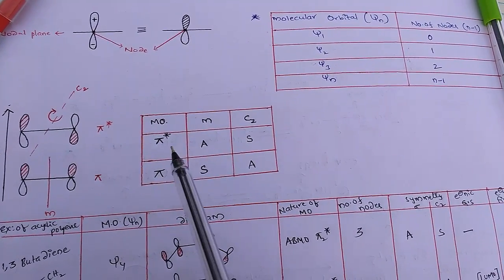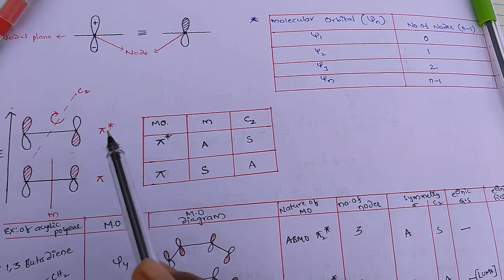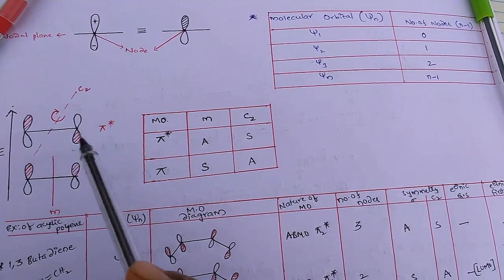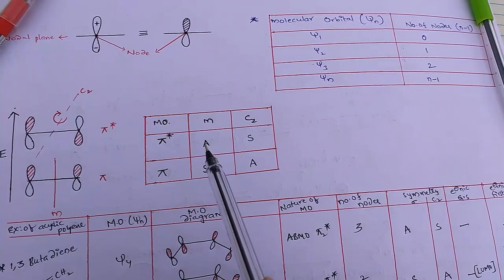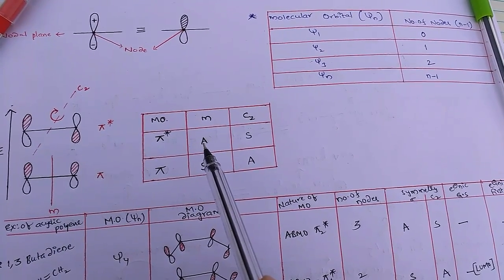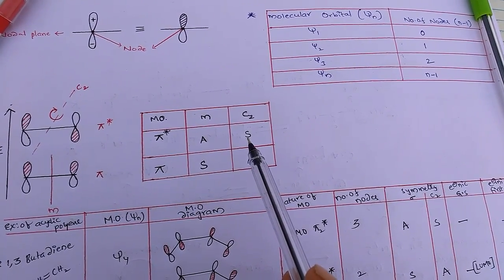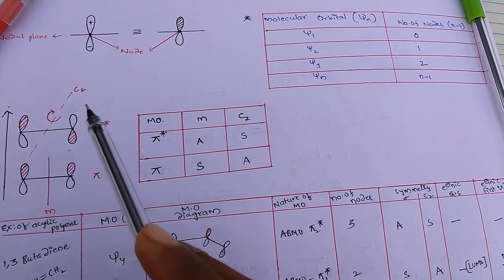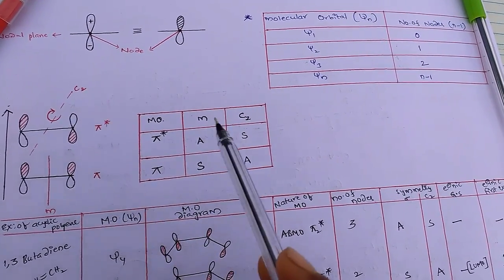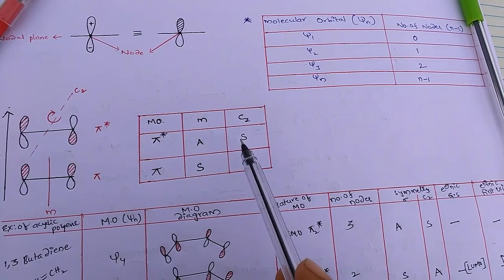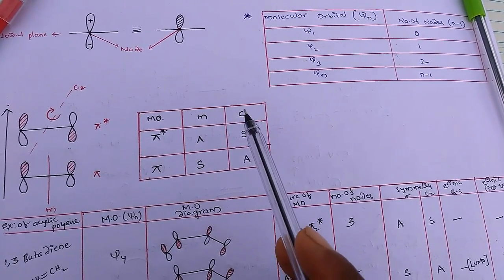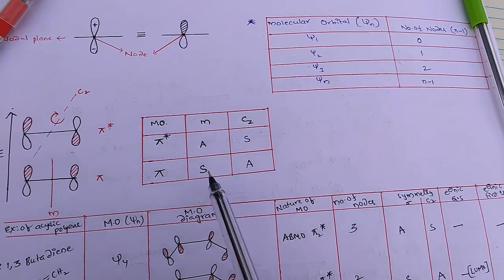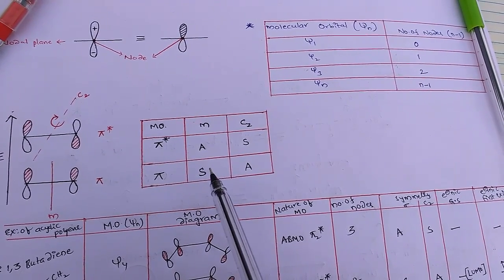At pi star, the first excited state of the molecule, there is no plane of symmetry, so it is anti for the plane of symmetry, but symmetry is present if we rotate the orbital through the C2, so symmetry is allowed through the C2.